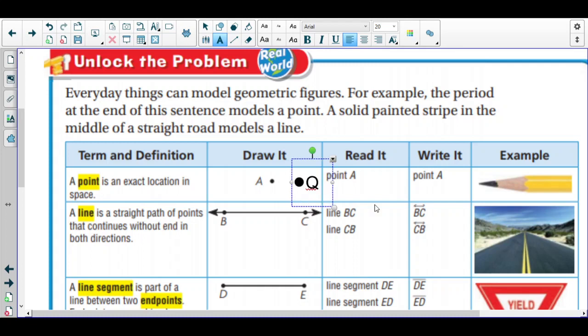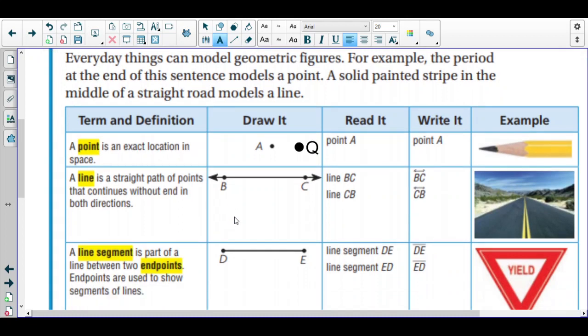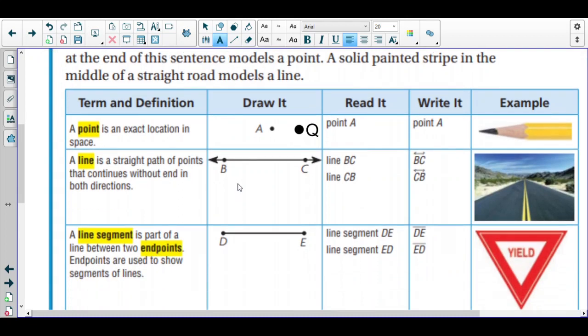All right. So why is that important? Because when we have the points right here, points then become parts of lines and line segments. So if I have a line, well, let's just say that I've got a line here and a line that goes like right here.